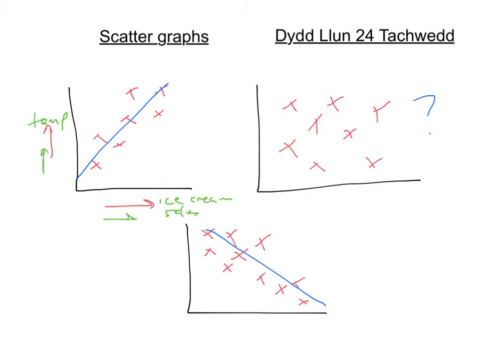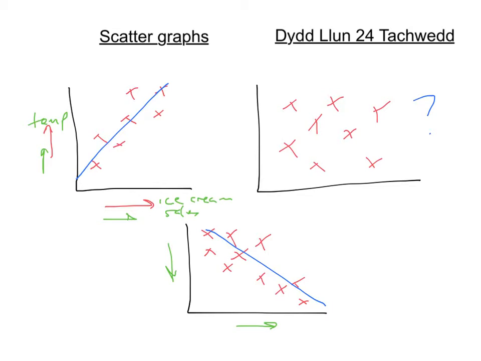What about as one thing increases, the other decreases? I'll leave that one up to you to think about. What's something which, when one thing increases, the other decreases? I don't know. Could it be sales of wellies and temperature? I don't know. That's up to you.